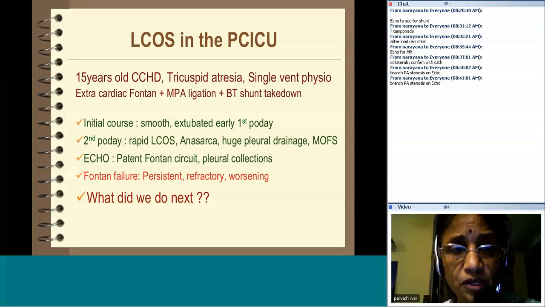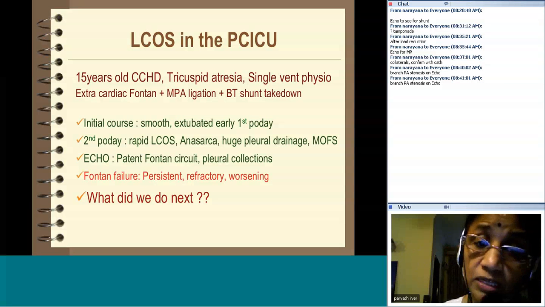Multi-organ failure. The liver enzymes skyrocketed, went into renal failure. Serial echoes were done. The Fontan circuit was patent, but the pleural collections kept worsening, and we had clinical evidence of Fontan failure, persistent refractory worsening, huge anasarca.